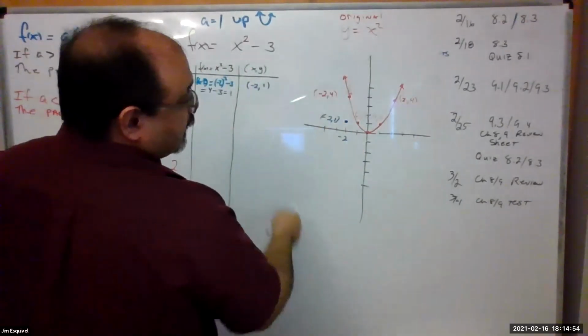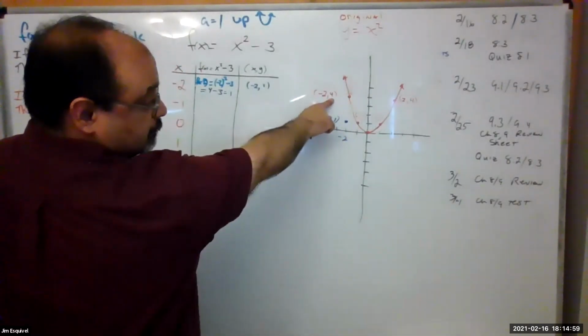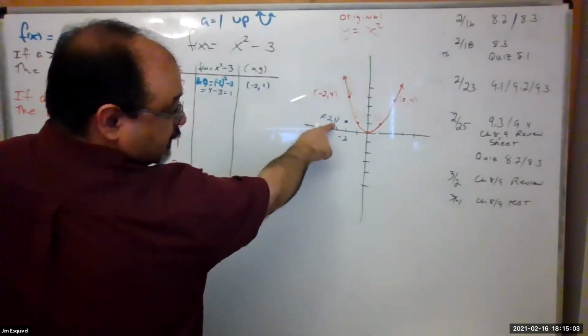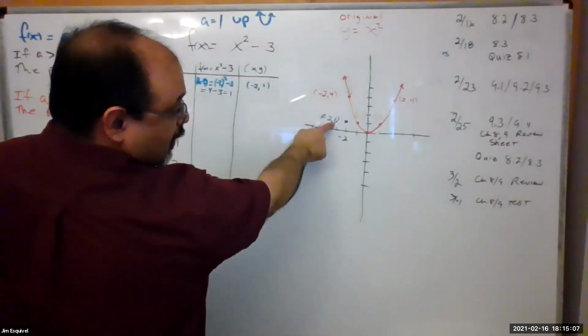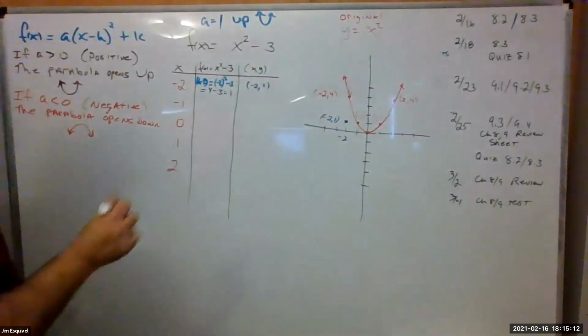Here's the thing. It used to be up here at -2 with a 4, but now it's at -2 at a 1. So x is the same, but the y value is at 1 instead of 4. I wonder what that -3 did. Don't answer that yet.